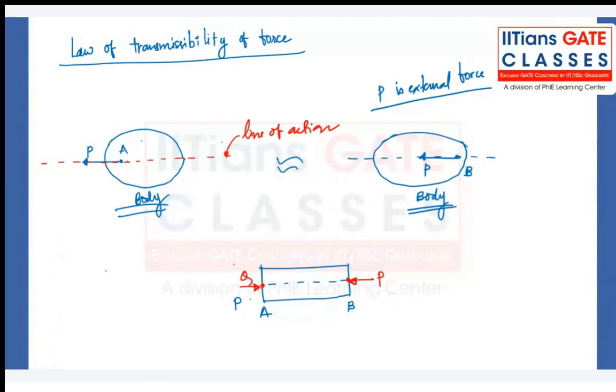You cannot say now that the state of the body is the same as that of the previous one, right? So hence, whenever we are dealing with internal forces or stresses, you cannot apply the law of transmissibility. So that is one limitation of it. But whenever we are dealing with external forces, this law helps us a lot in order to simplify the problem and draw the free body diagram.